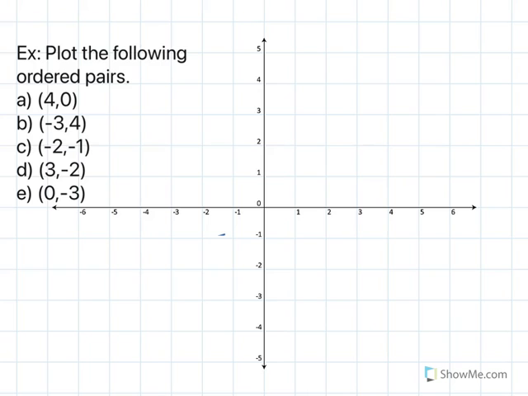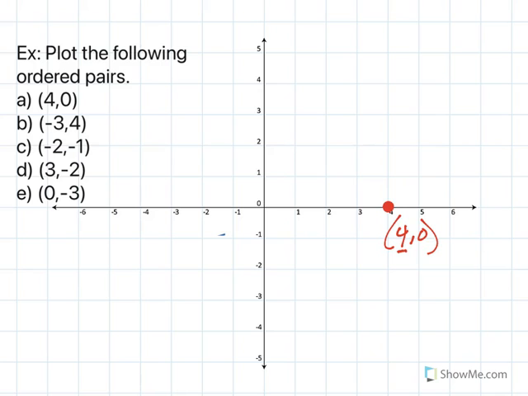Okay, so back to the point 4, 0. So that means I'm going to move right 4 and then 0, meaning I'm not going up or down at all. So this point right here is 4, 0. I moved right 4 and then I stayed still.